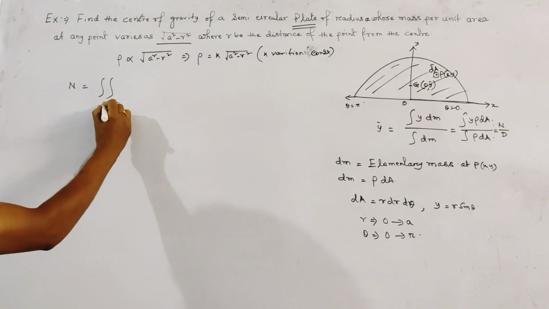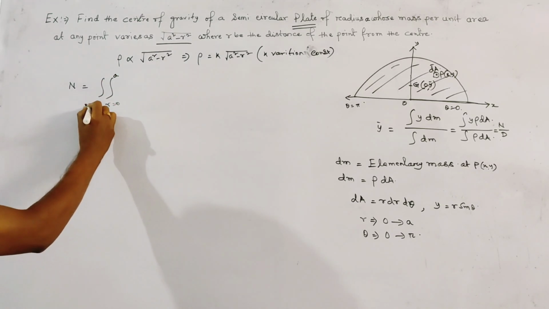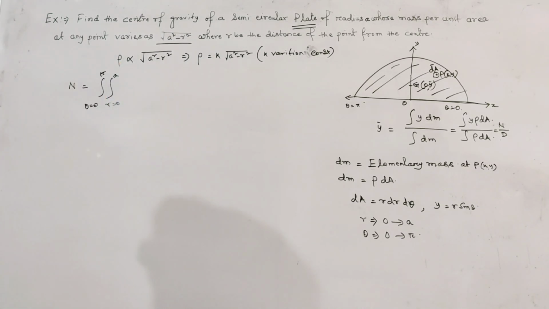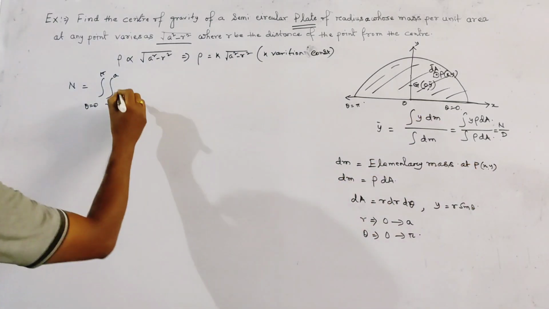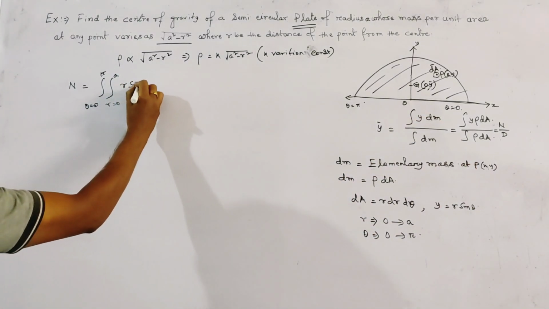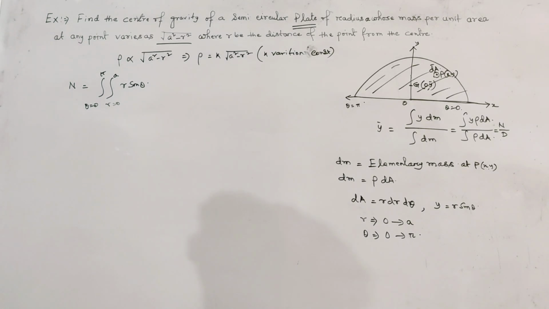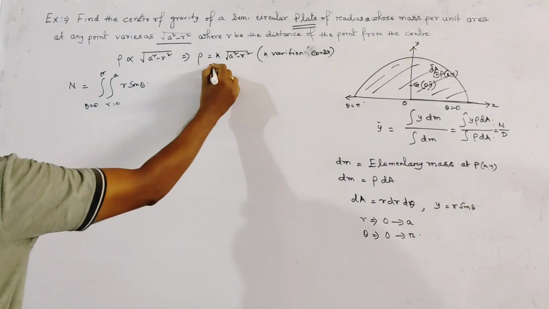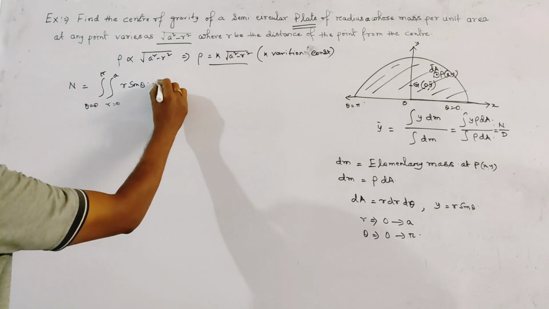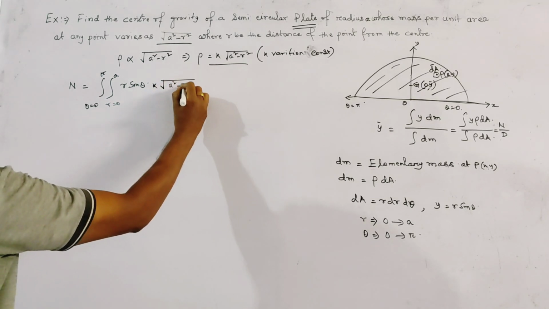So r equals 0 to a and theta equals 0 to pi. The value of y we put here is r sin theta, and the value of rho is k into root under a square minus r square.